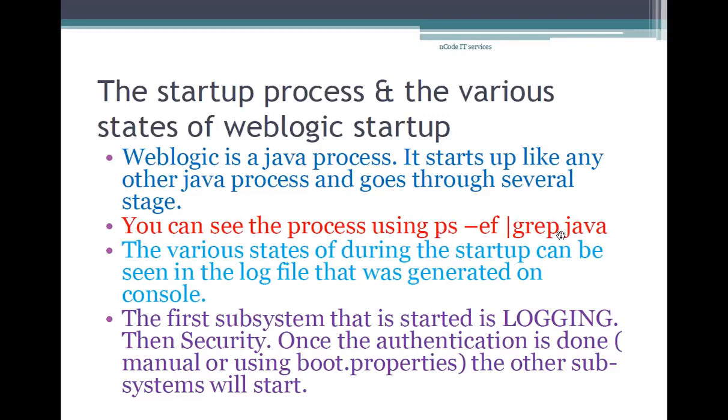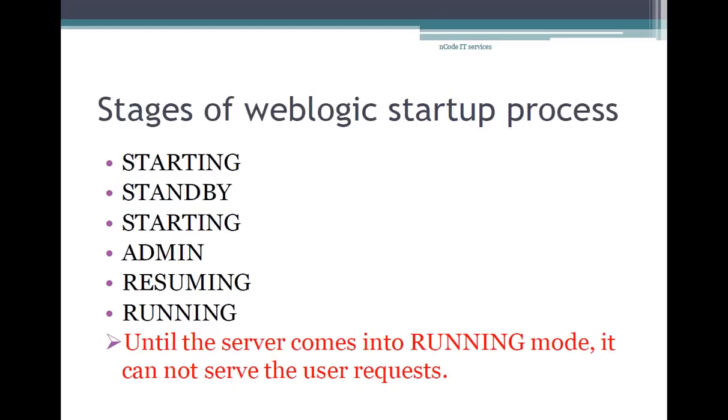We can use the command ps -ef and grep for java to see that. The various states during the startup are listed here: starting, standby, starting, admin, resuming, and running. And until it comes to running mode, you won't say it's running.